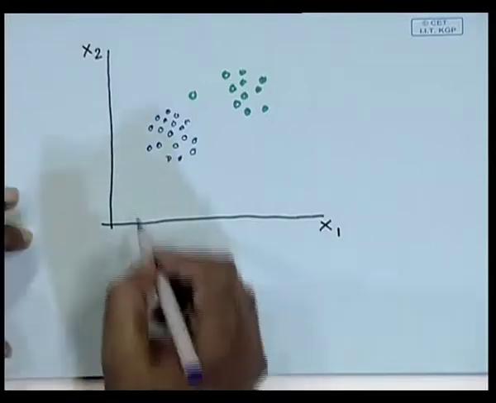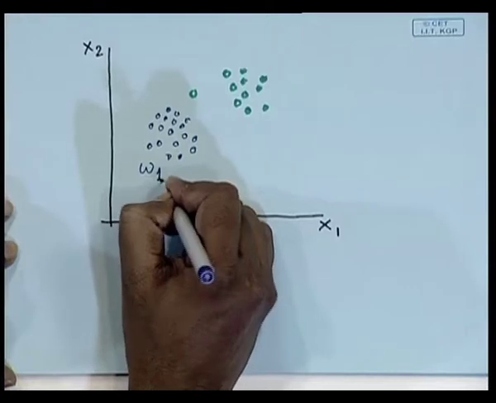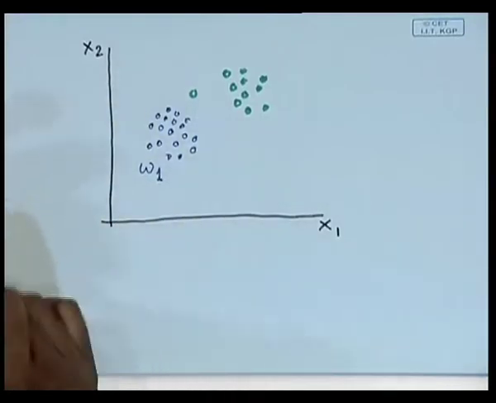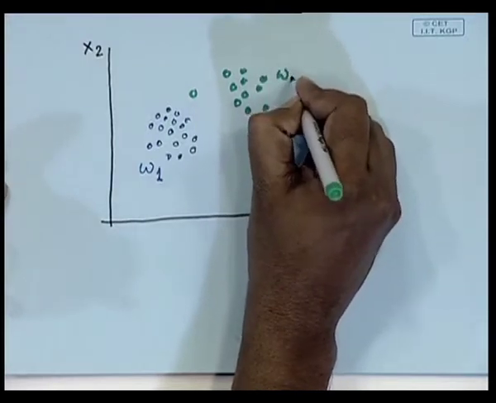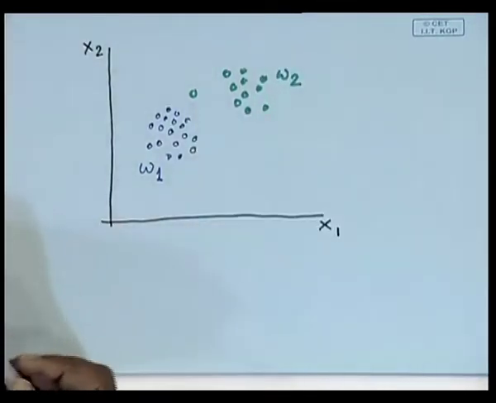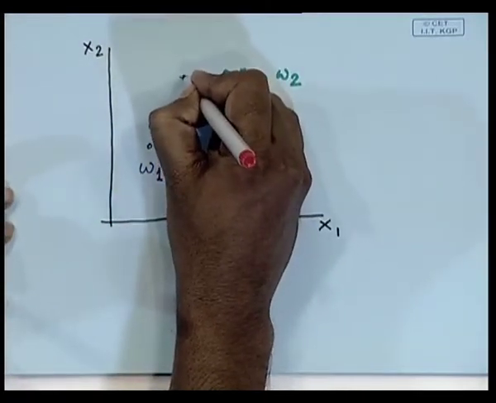Okay. So, I say that these are the training samples taken from class omega 1 and these are the training samples taken from class omega 2. Okay. And over here, if the unknown sample is somewhere at this position.